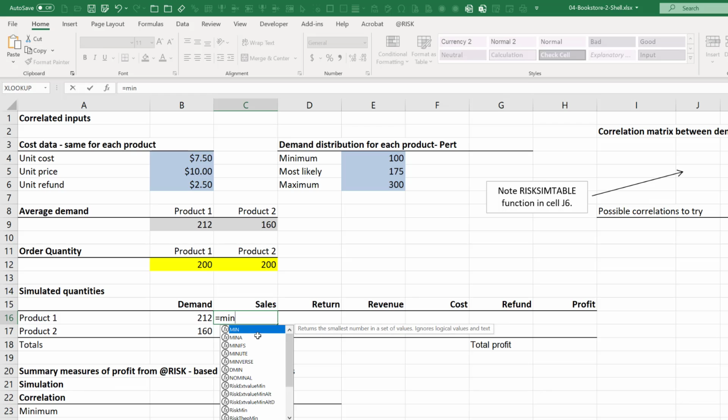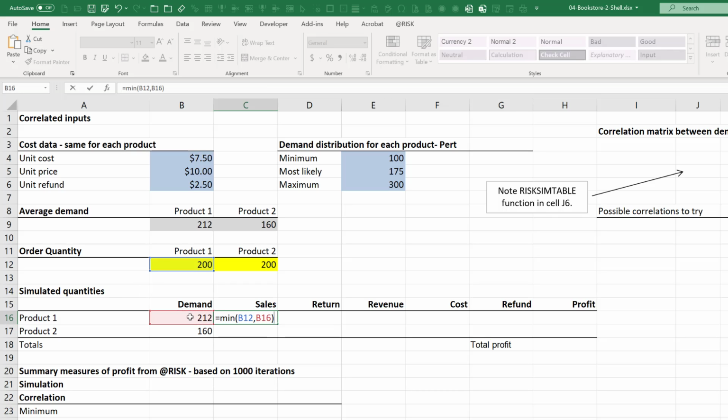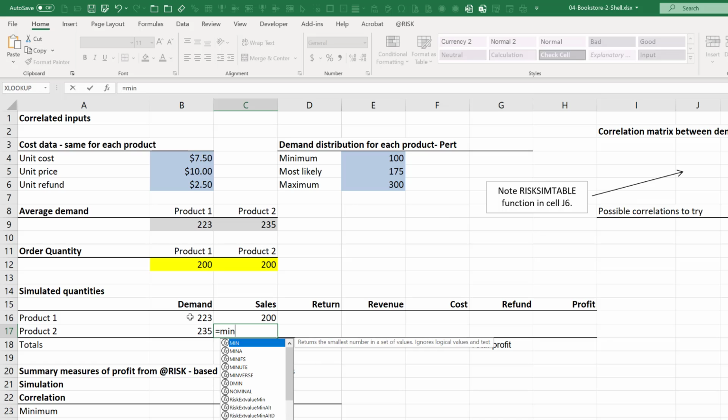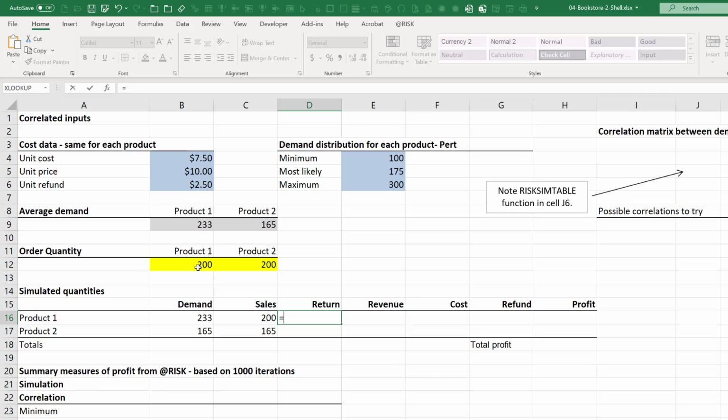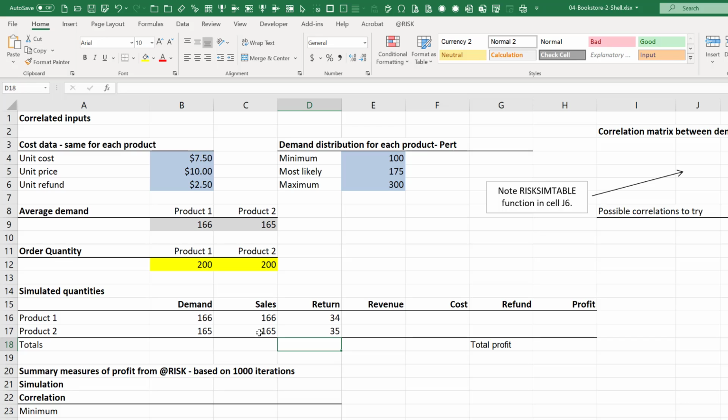Sales will be minimum of order quantity and demand for product 1 and product 2. Now return will be order quantity for product 1 minus sales, and order quantity for product 2 minus sales will give us return.